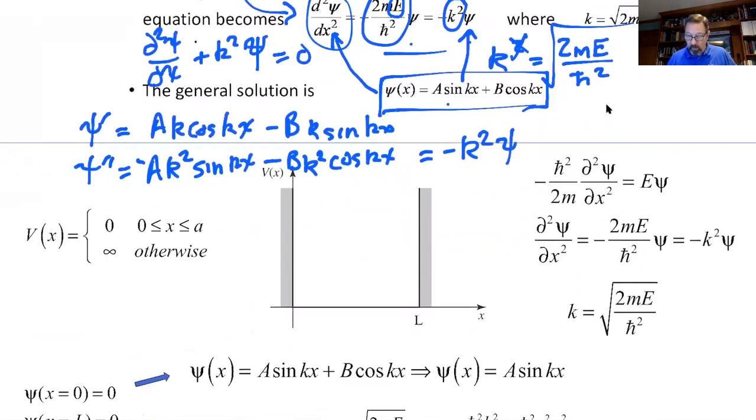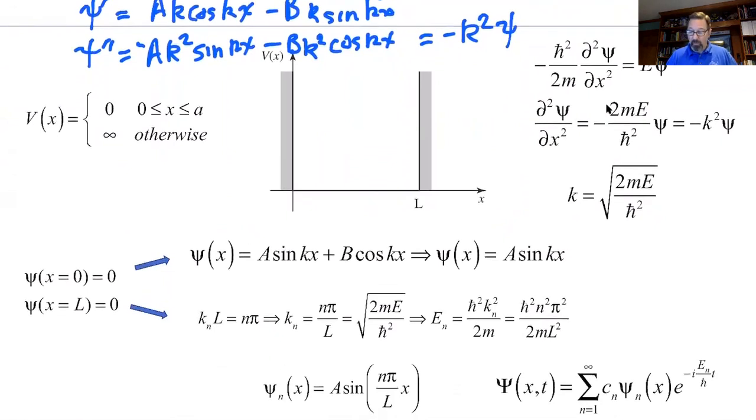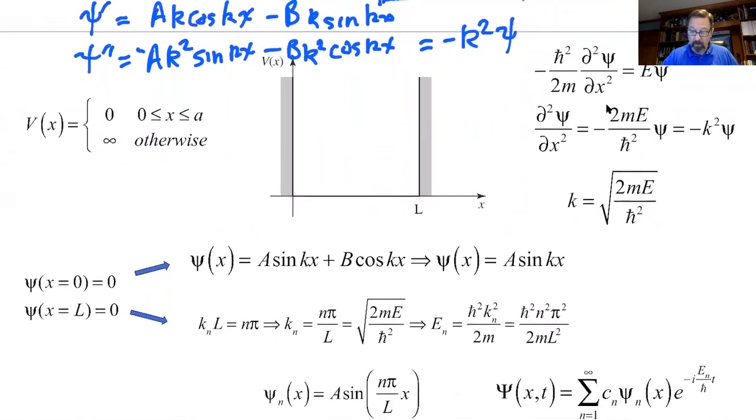So now, what things do we have to do? There's my Schrodinger's equation with the potential equal to 0 plugged in. That's my rearranging, that's what k must be, and here is my wave function. I think there are some conditions we talked about on Friday.